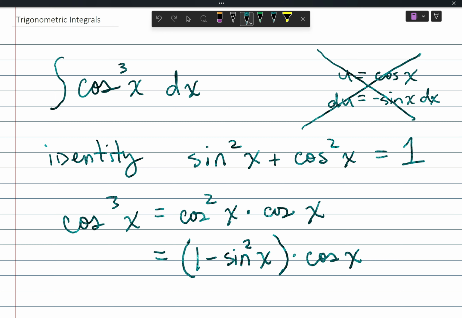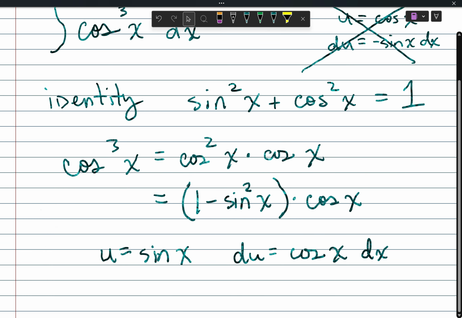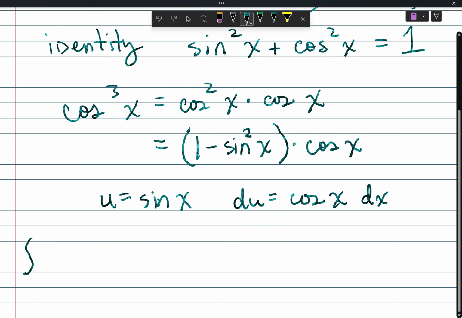Then we can evaluate the integral by substituting u equal to sine x. Therefore du is going to be cosine x dx. Now I'll just rewrite it over here. The original was the integral of cosine cubed x dx.